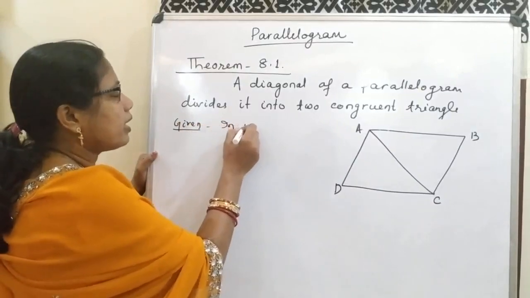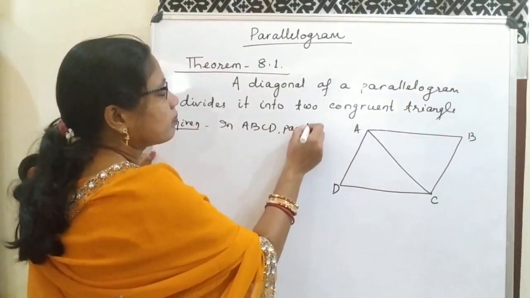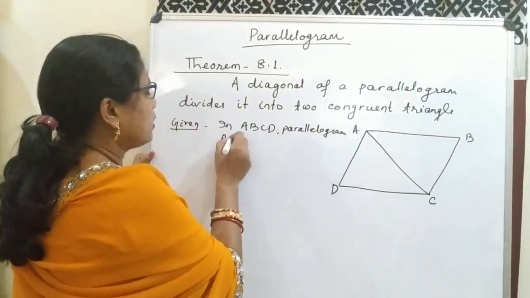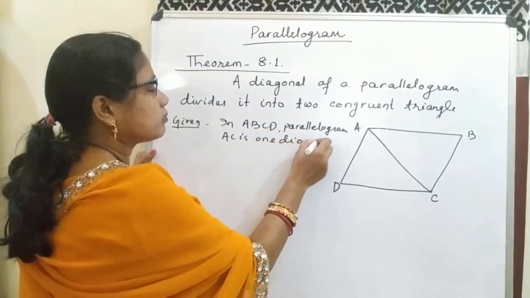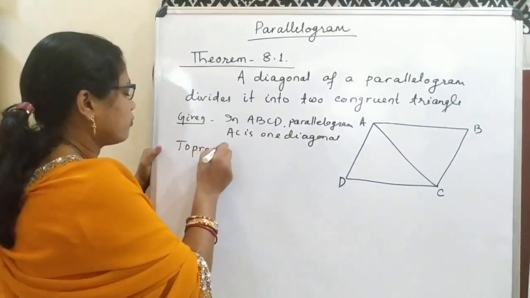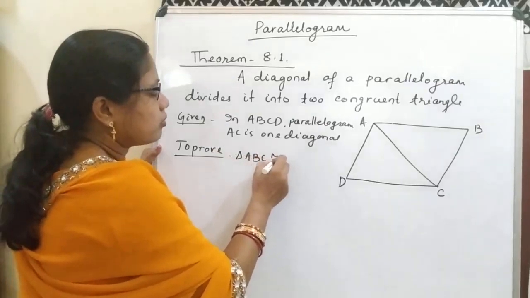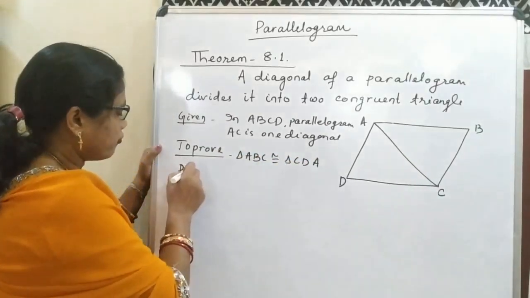In parallelogram ABCD, AC is one diagonal. Then to prove: triangle ABC is congruent to triangle CDA. Then the proof.